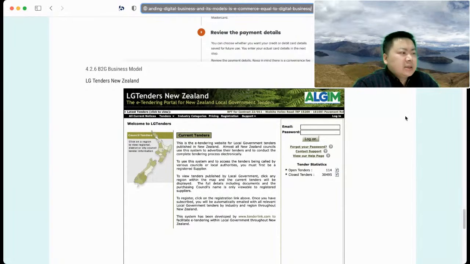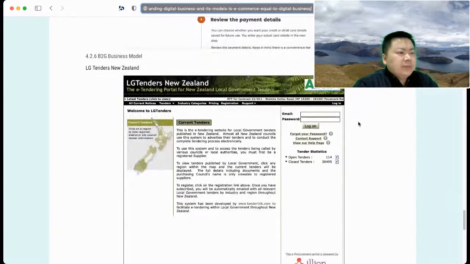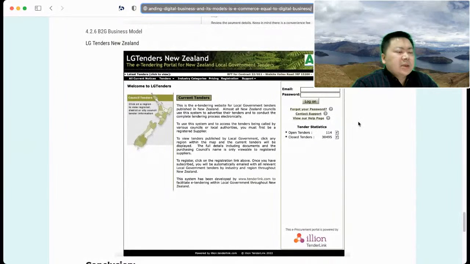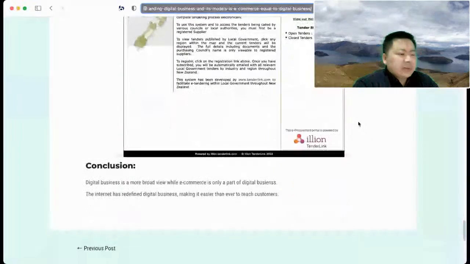In New Zealand, I Googled it and found a site called LG Tenders New Zealand. This platform has a lot of Australian and New Zealand tender services. So business owners can browse through the site to find contract work to do for the government.